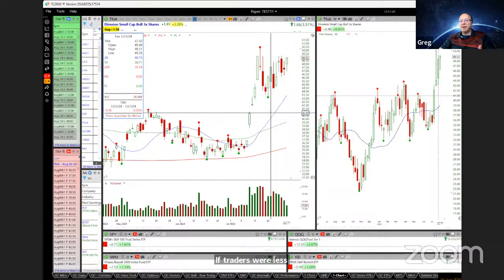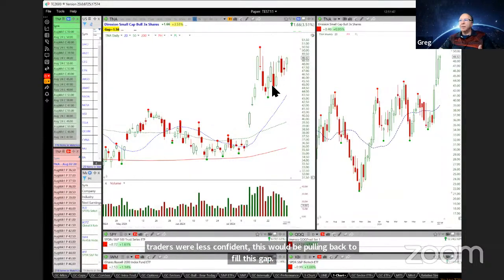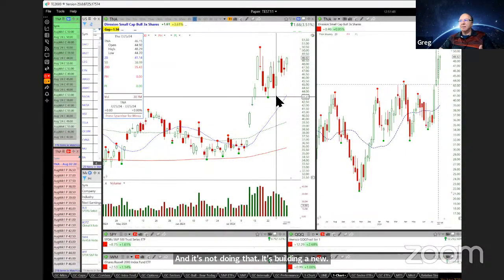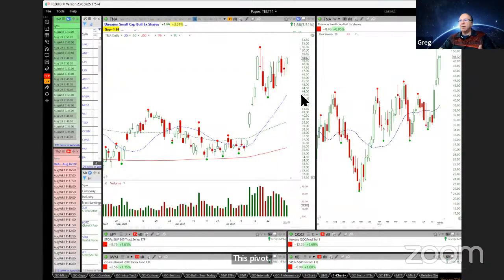And it's not doing that. It's building a new support area. This pivot has created a new support area. Maybe it's going to be ready, or maybe the news comes out at 2 o'clock and this is a big red bar. It's just not ready yet based on how we view things. But if this closes strong, maybe it gets even a little bigger. I think it will be ready.